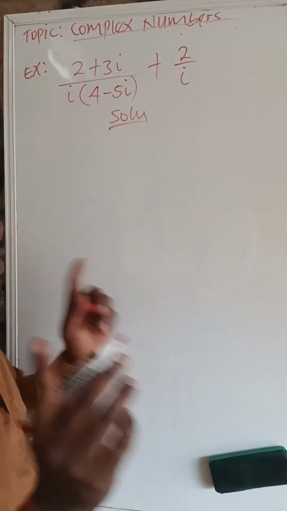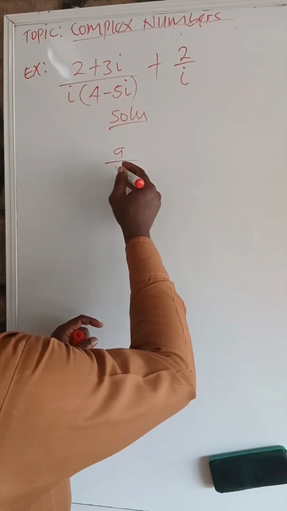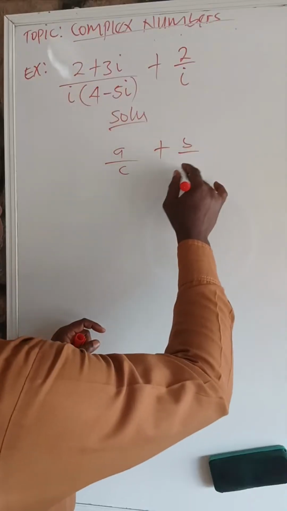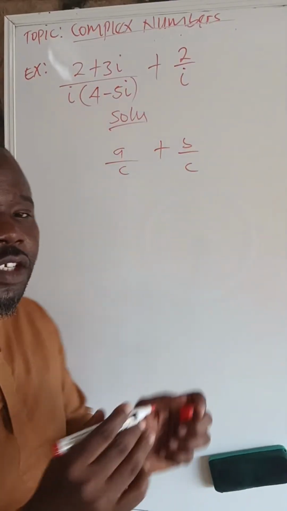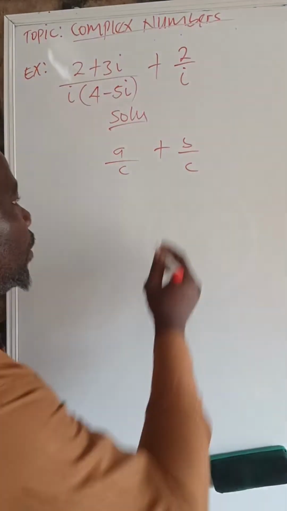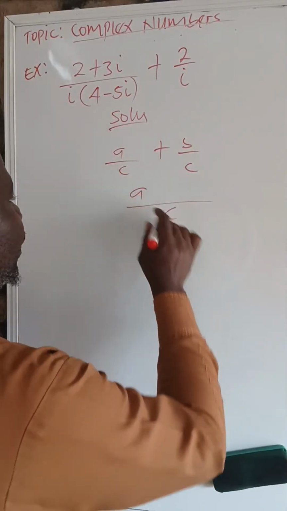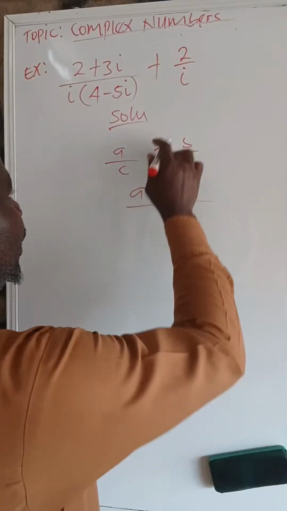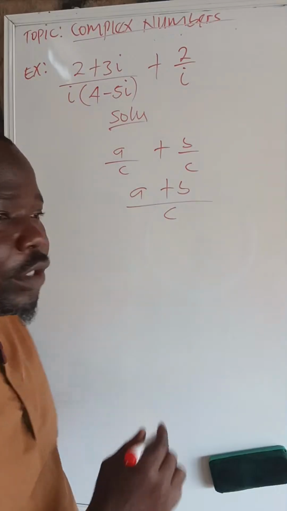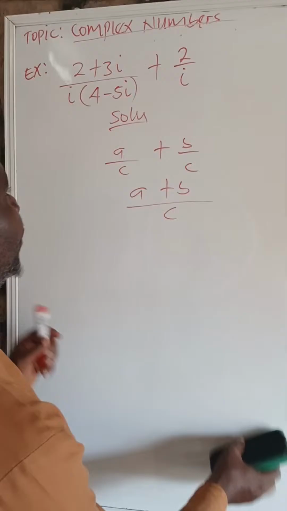I want us to consider this. When we have A all over C plus B all over C, what do you think you are supposed to do? You look for the LCM, true or false? The LCM, C to C, 1 times A, C to C, 1, here is plus, times B is B. So please take note of what we are about to do now, very important.